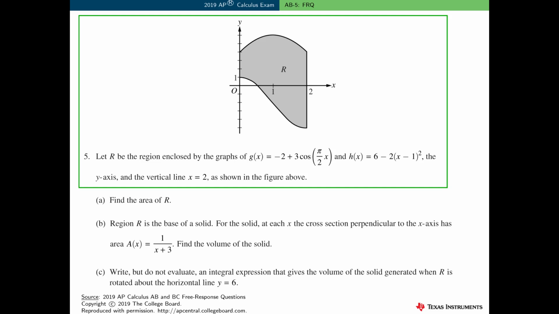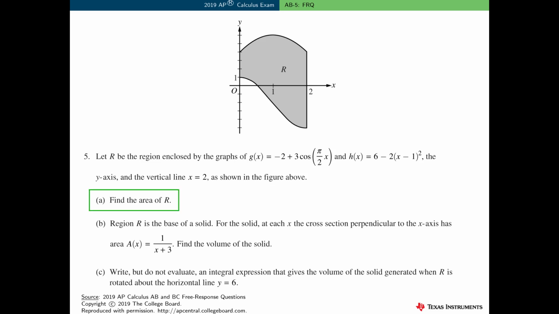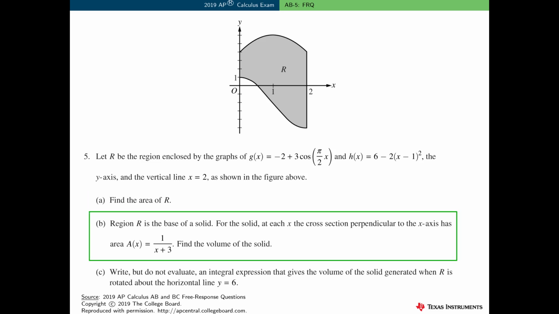This question involved a region R bounded by the graphs of y equals g of x, y equals h of x, the y-axis, and the line x equals 2. In Part A, we need to find the area of the region R, that is the area of the shaded region in the figure. In Part B, the region R is assumed to be the base of a solid.